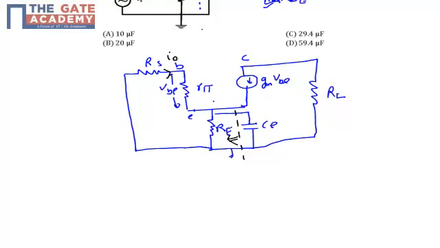Let's assume we have one supply of voltage V, because we are calculating output impedance. So we have short circuited the input voltage, and I'm assuming a known voltage V with a current I. So this terminal voltage will be V. Ignore this CE, because we are not considering CE here.